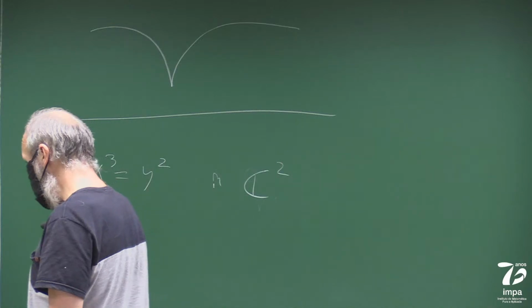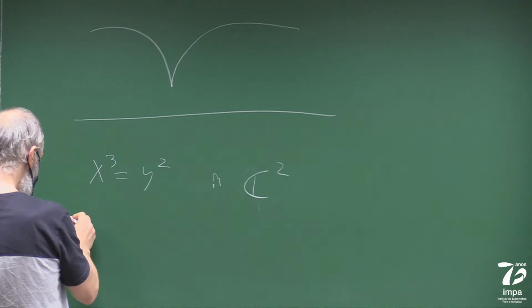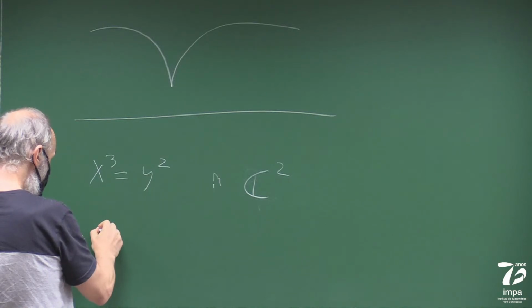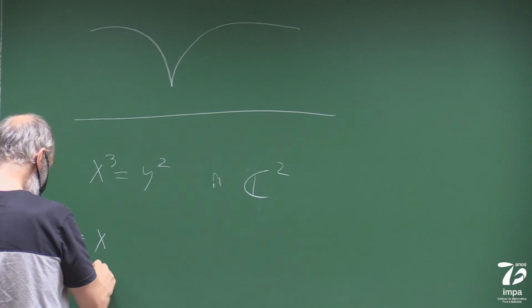This curve can be parameterized. Namely, we have a parameter t such that t squared is x and t cubed is y.